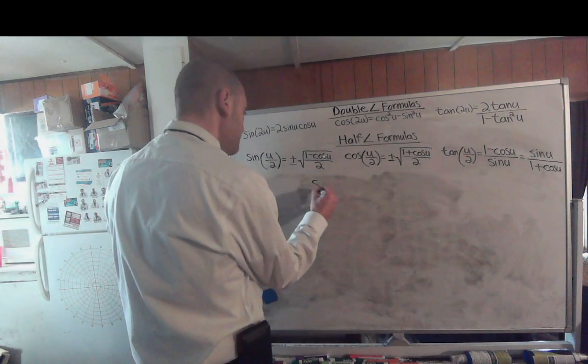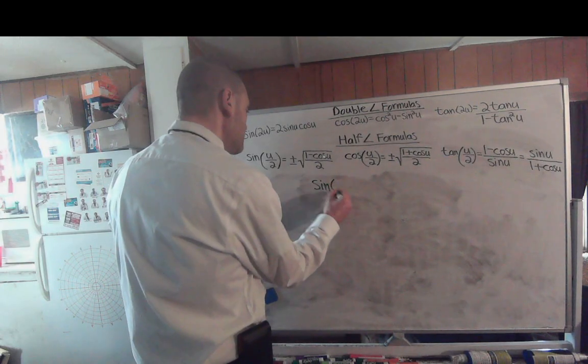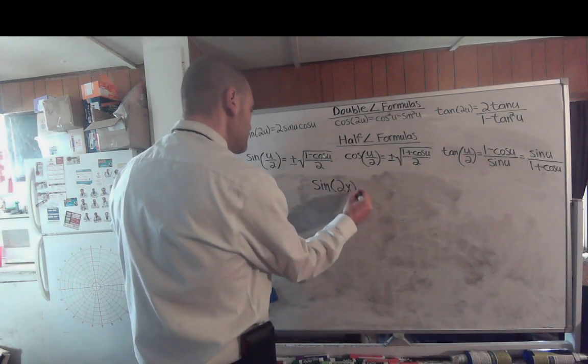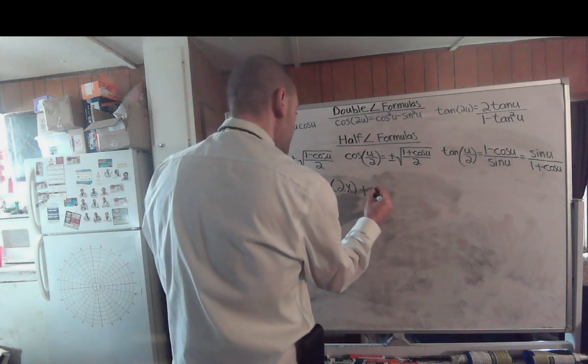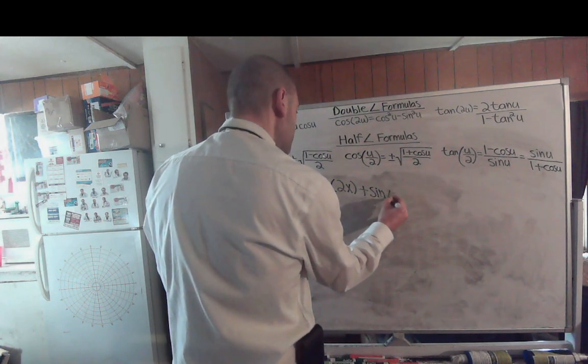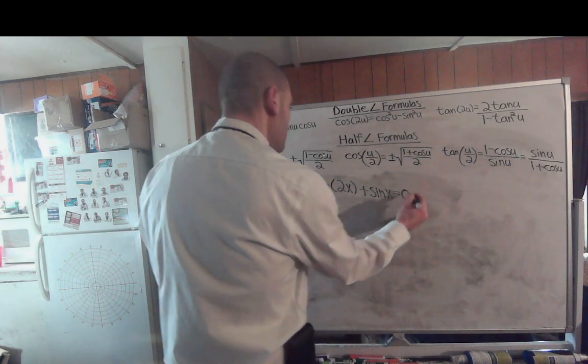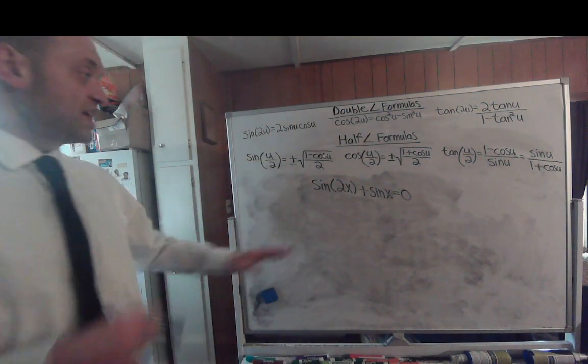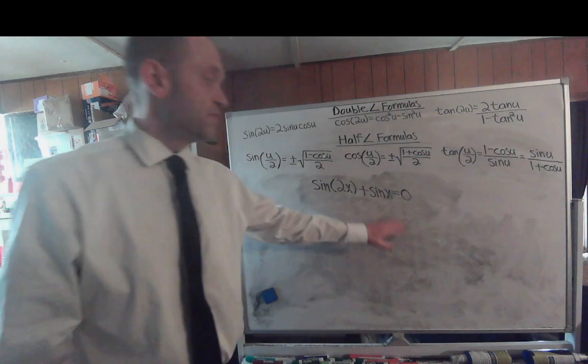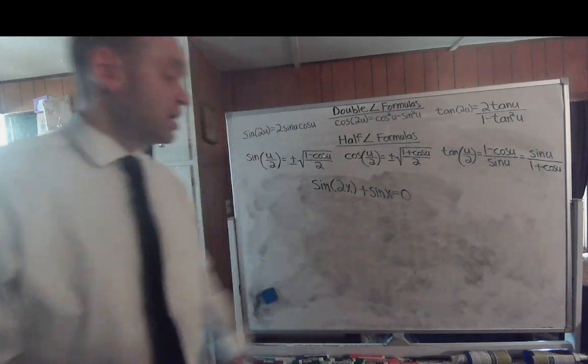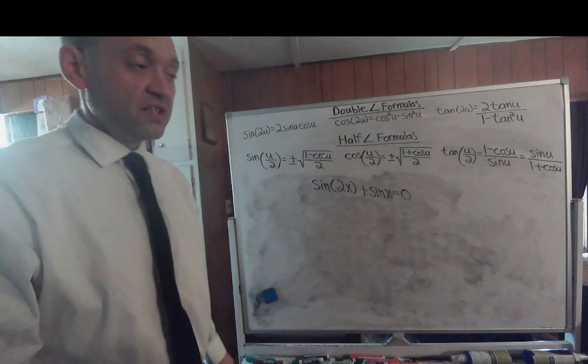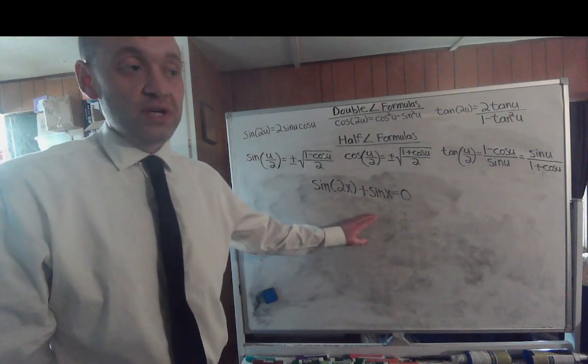Let's say you have the sine of 2x plus the sine of x equals 0. So you have the sine of 2x plus the sine of x equals 0. Well, you don't have a nice clean-cut double angle equal to a number.